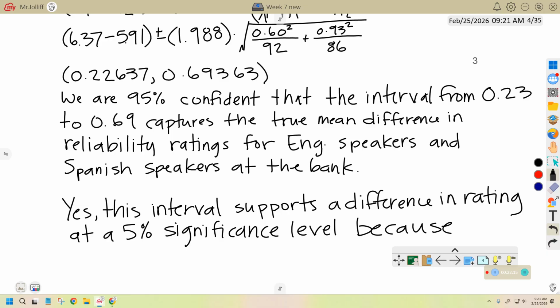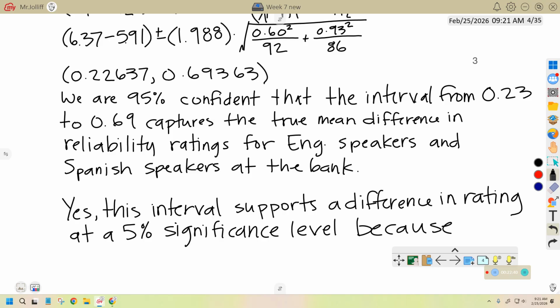That entire interval is positive. Which group had the higher rating on average? The first one, which would be the English speakers. So this interval is telling me that at the 5% significance level, we can support the conclusion that there is a difference in ratings because all of the plausible values for that difference are positive.